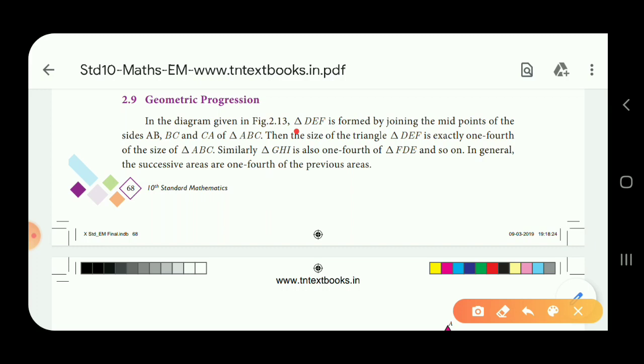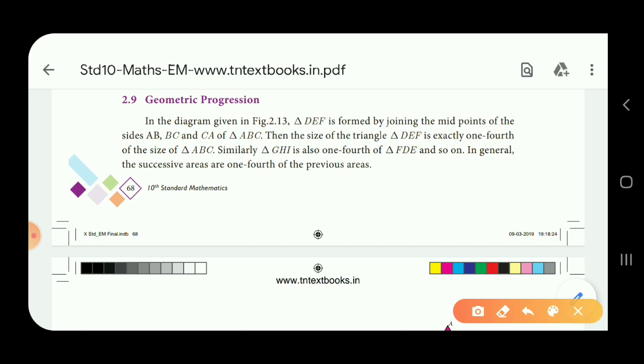Then the size of the triangle DEF is exactly 1/4 of the size of the triangle ABC, because DEF is inside triangle ABC.